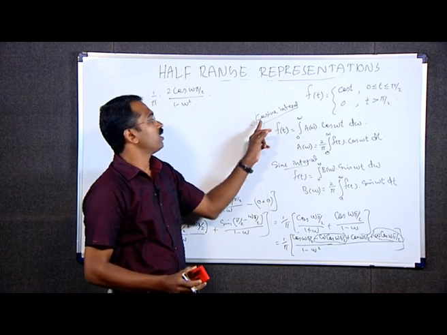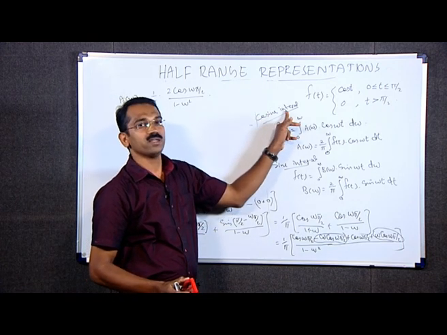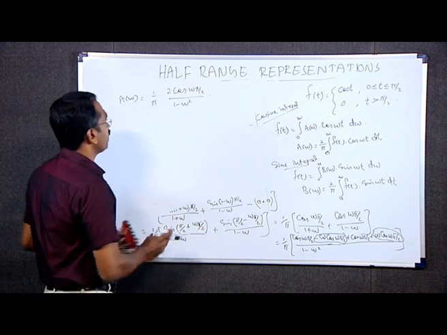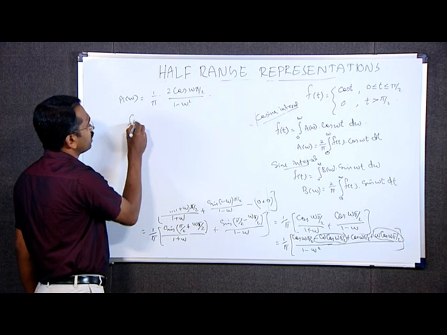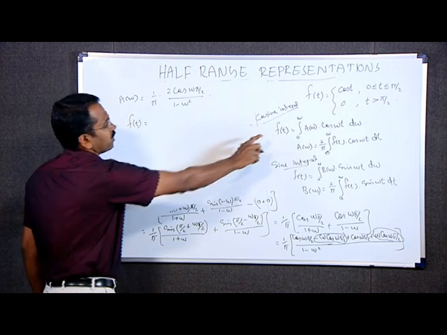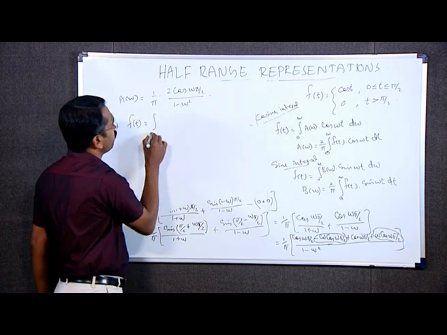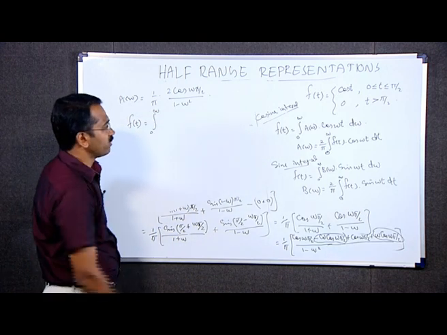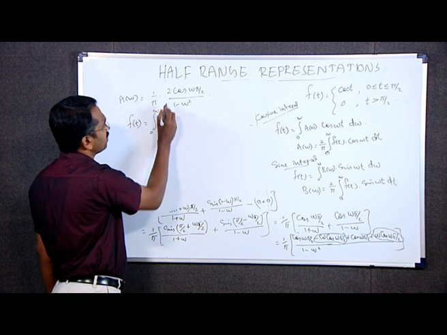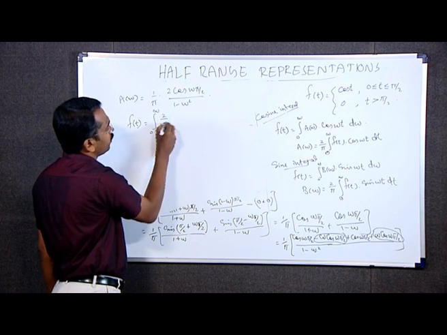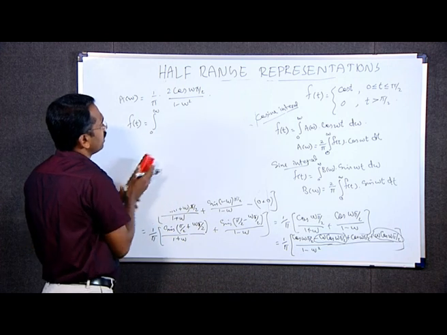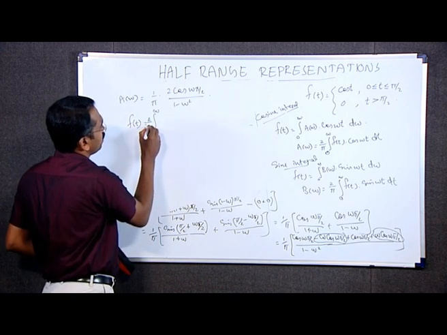Therefore, the Fourier cosine integral representation of this function is given by f of t is equal to integral from 0 to infinity A omega into cos omega t d omega. A omega is this, that is 2 by pi into, this 2 by pi can be taken outside of the integral.